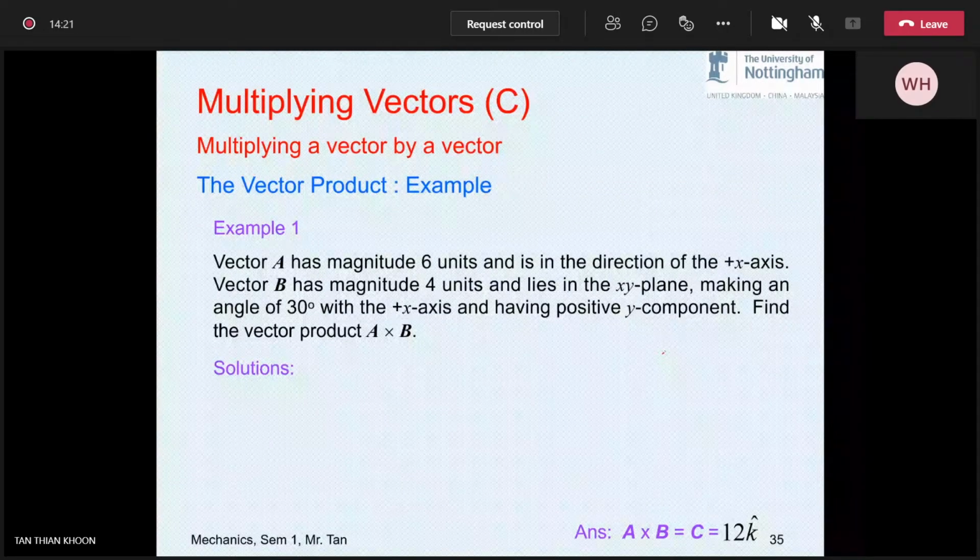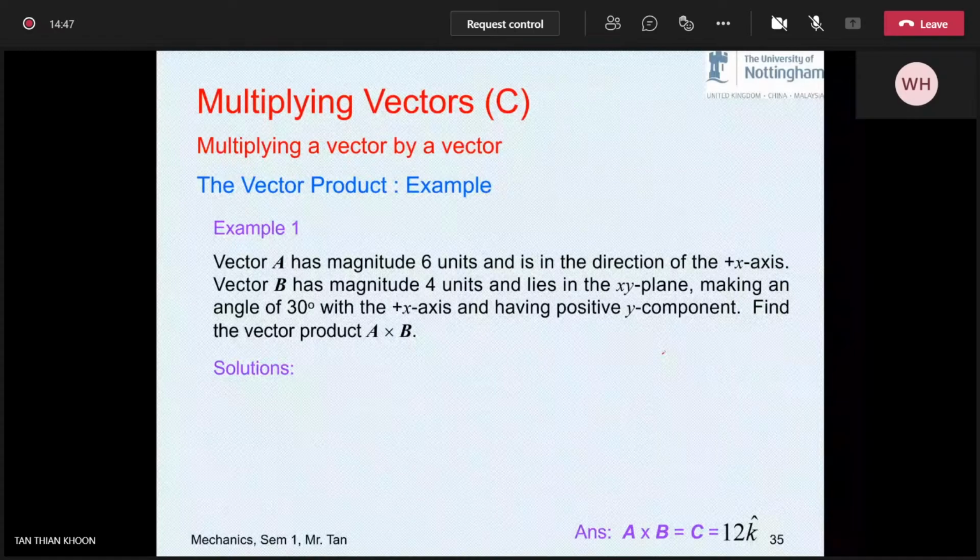If you do that, then how are you going to find it? Sketch the diagram. I think, but for me, I would like to try to find the angle between vector A and vector B. Okay.